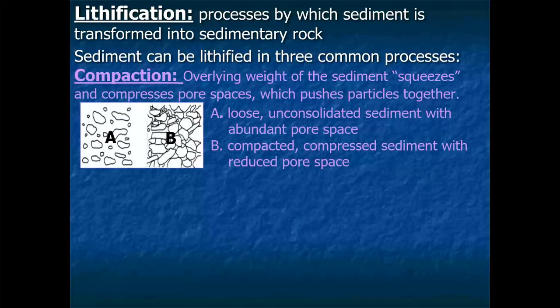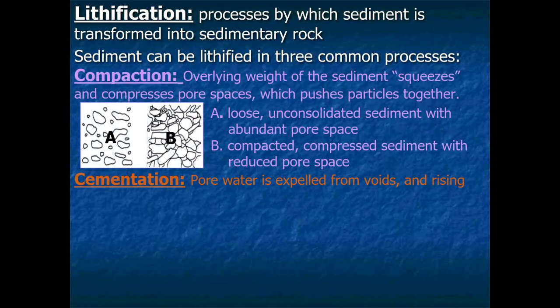Then under the compaction process of being squeezed, we take that unconsolidated sediment in A, we compact it, compress it, and you can see in B that now the pore space is being reduced. And now by that process of compaction, we're producing a sedimentary rock. Another very common way that sediment is lithified is through the process of cementation.